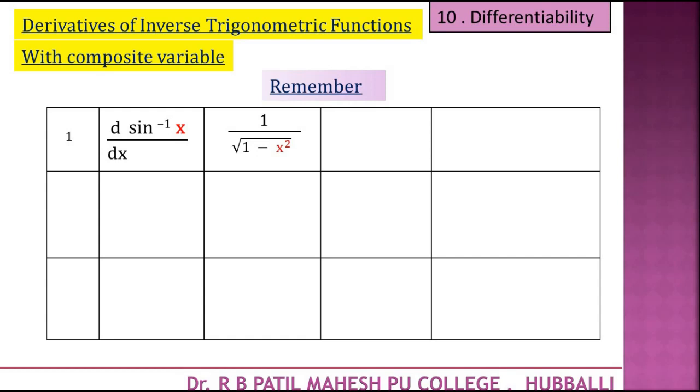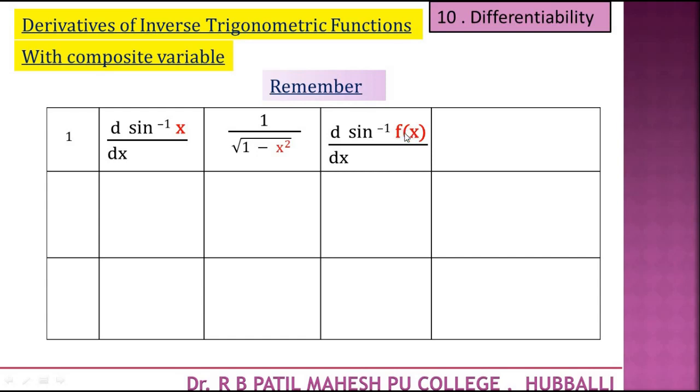So that is the method of differentiating a composite. Already you solved many different types of composite functions, and in the same way we write the derivative. First we follow the standard function, then we write the derivative of the composite variable. Next is d by dx of sine inverse f of x. Now in this, the variable is any f of x.